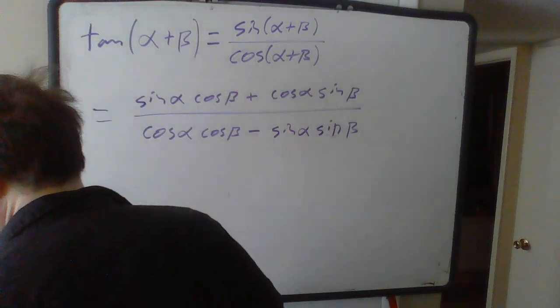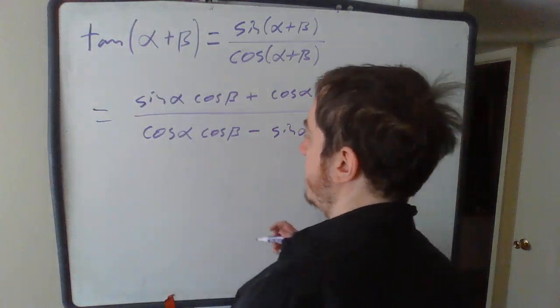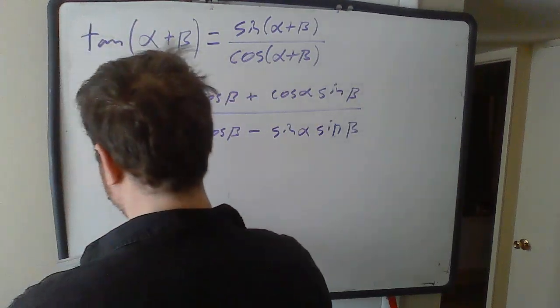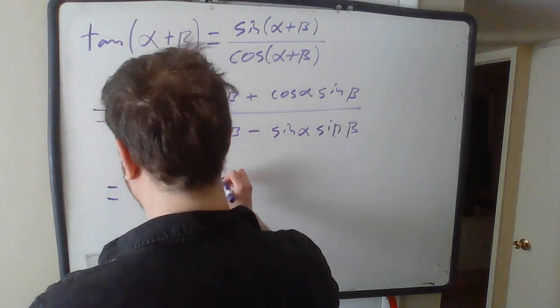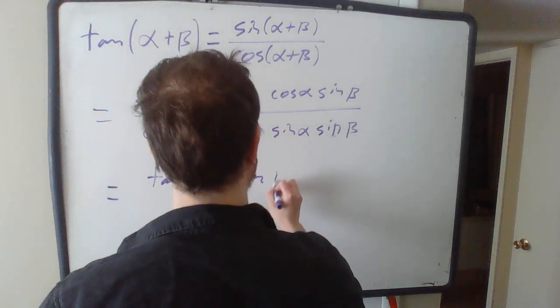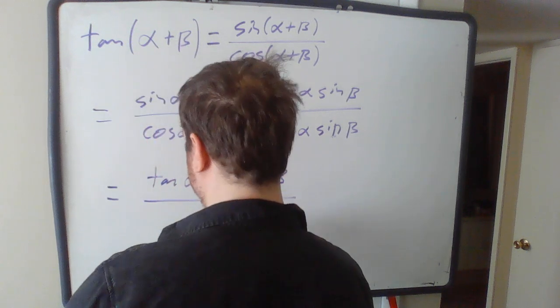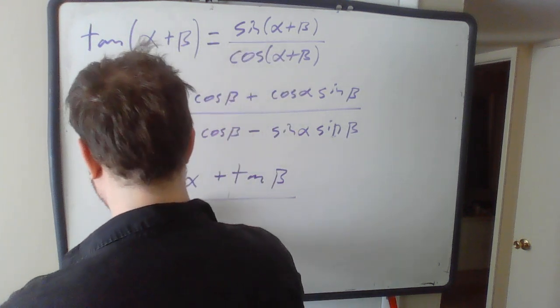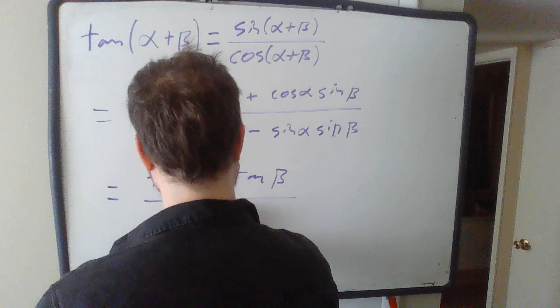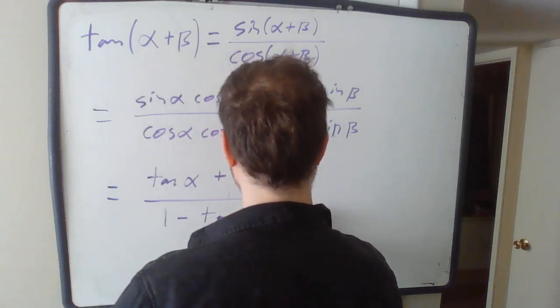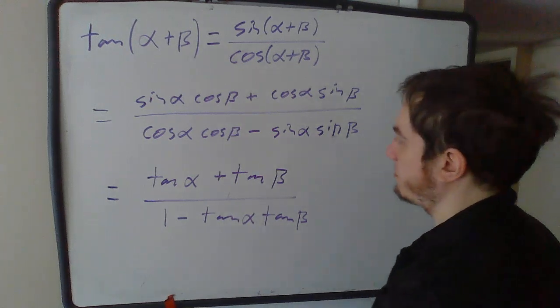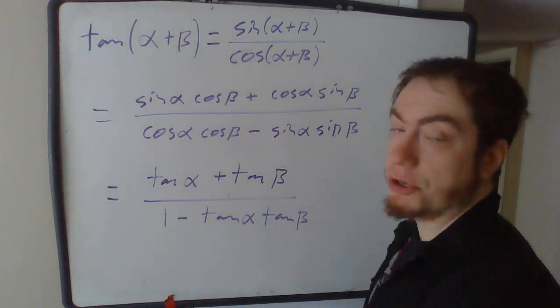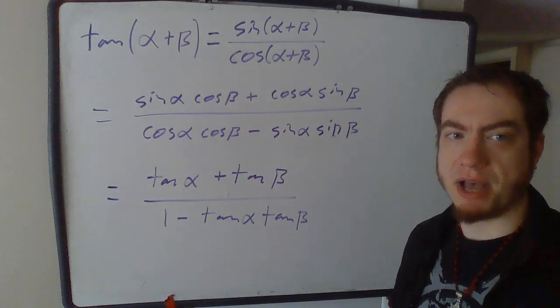I will just tell you what this comes out to be: tangent alpha plus tangent beta divided by 1 minus tangent alpha tangent beta.